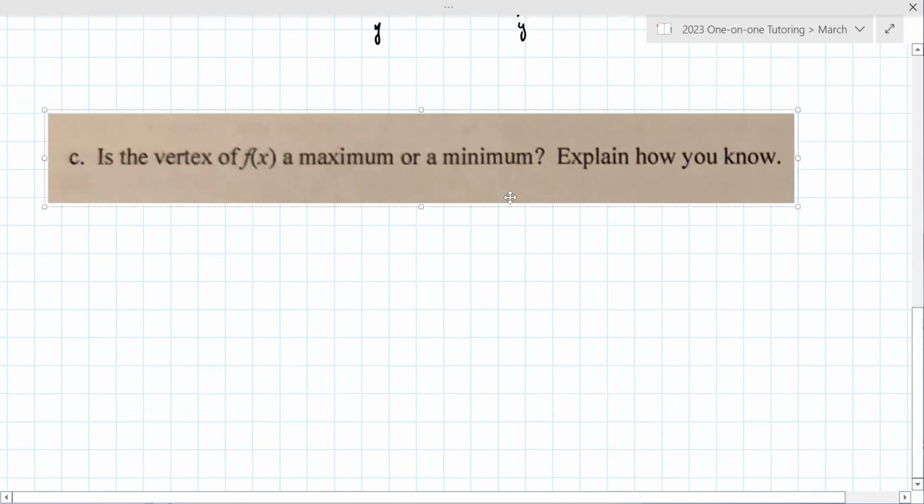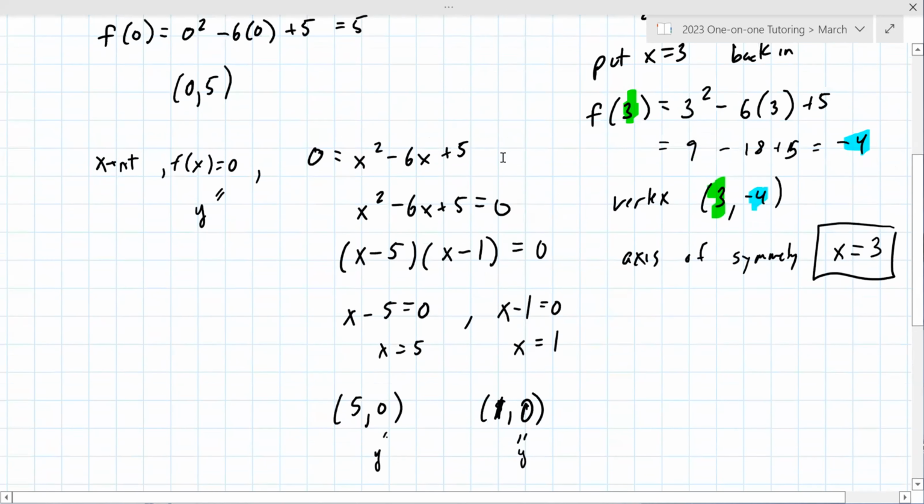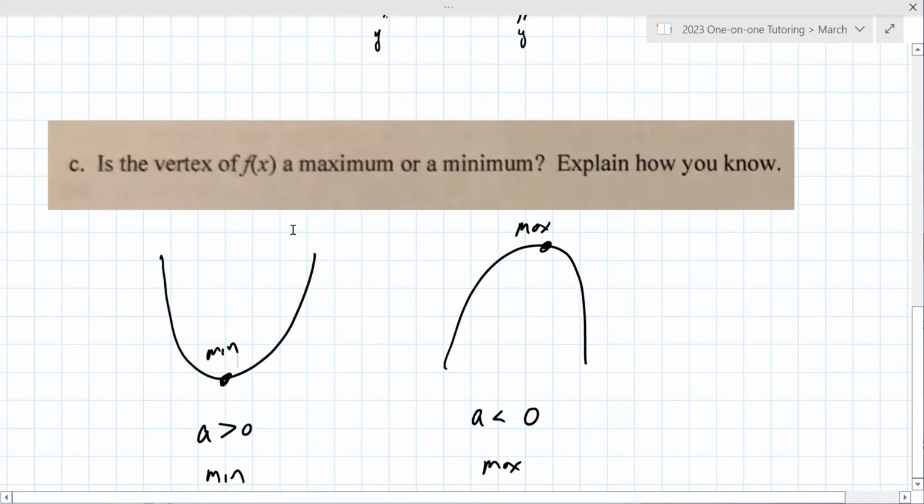So is the vertex a min or a max? So this would be for a min. This would be for a max. And it depends on a. If a is greater than 0, positive, it's a min because it opens up. If a is less than 0, it's a max because it opens down. So in your problem, we wrote that a is 1, which means that this thing opens up, which means it has a minimum.